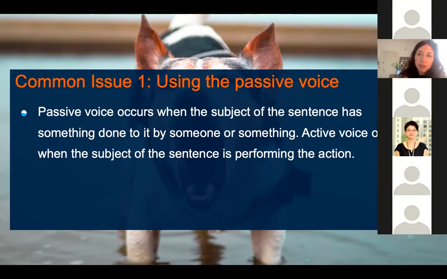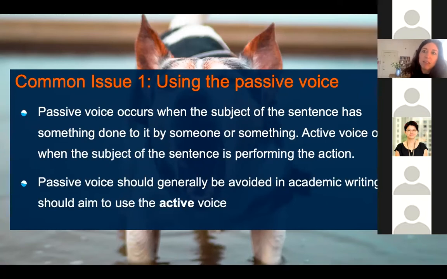So the passive voice is something I need to explain because it happens quite often when I'm reading essays, and it's always better to write in the active voice rather than the passive voice. Now, passive voice occurs when the subject of the sentence has something done to it by someone or something, and I'll explain that in a minute. Active voice occurs when the subject of the sentence is performing the action. Now, I'm going to give an example of this, and you always need to try and use the active voice as much as possible.